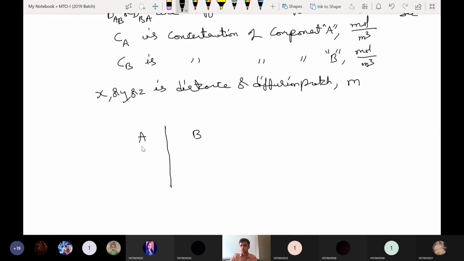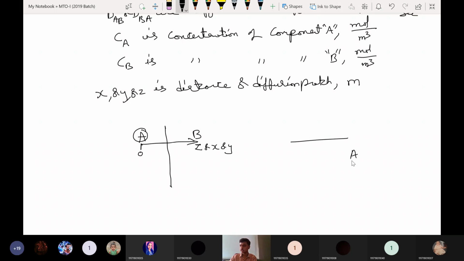So A has to diffuse into component B. The A particle has to travel from this location at a zero origin point, then go to the B location, that is Z or X or Y, in this direction, whatever it may be.